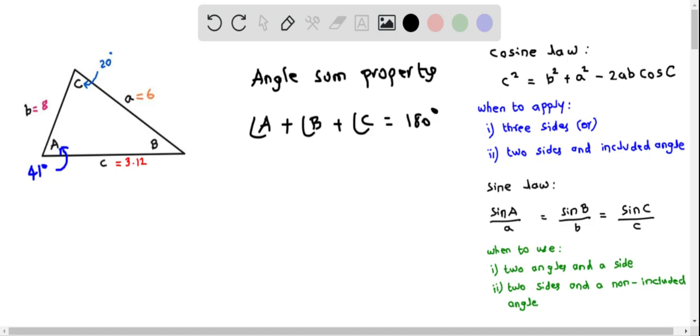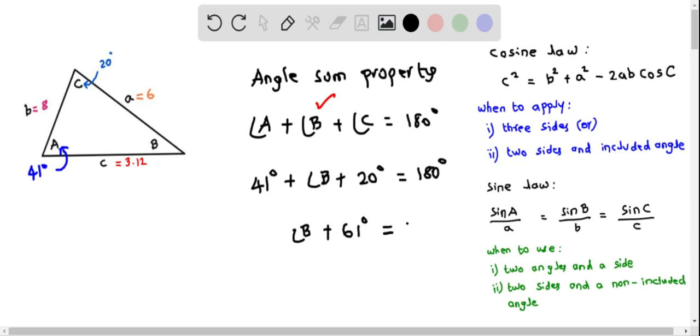So we will utilize this property to determine the unknown angle B. I'm going to substitute angle A equals 41 degrees plus angle B plus angle C is 20 degrees, and this equals 180 degrees. So we have angle B plus 41 plus 20, which is 61 degrees, equals 180 degrees.